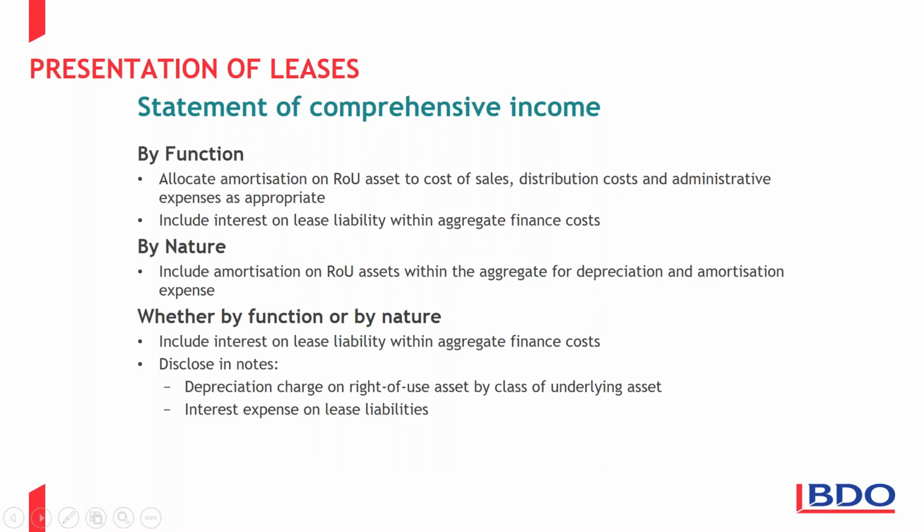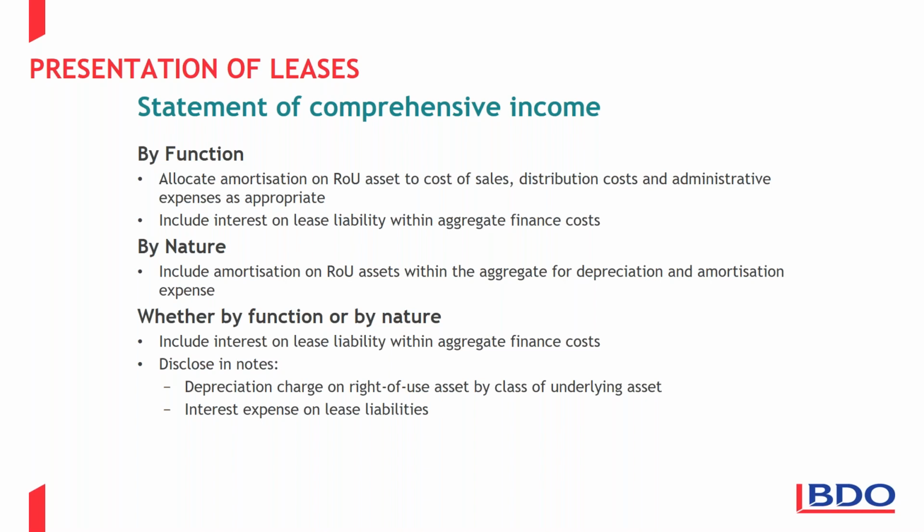Really same difference. If you look at the statement of comprehensive income, if you are preparing it by function, you'll allocate the amortization of your right of use asset to cost of sales, distribution cost, and administrative expenses as appropriate. And you'll include your interest on the lease liability within your aggregate finance cost.